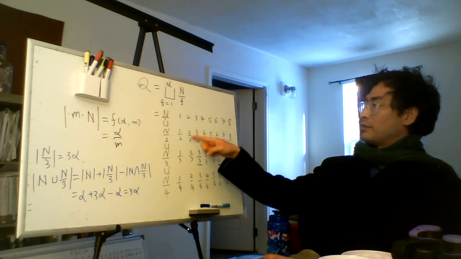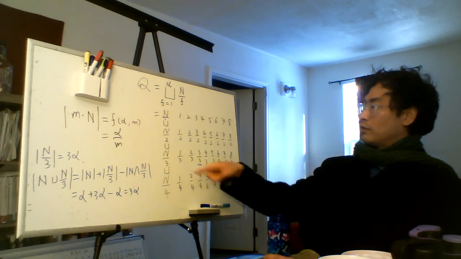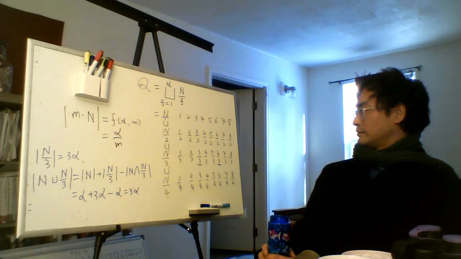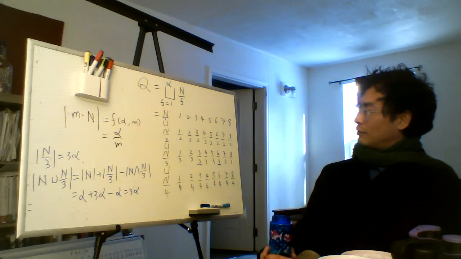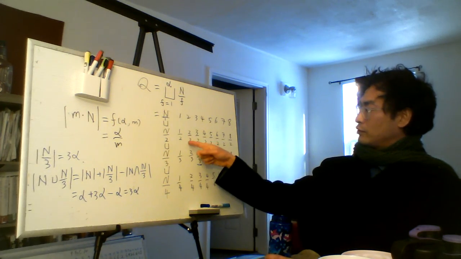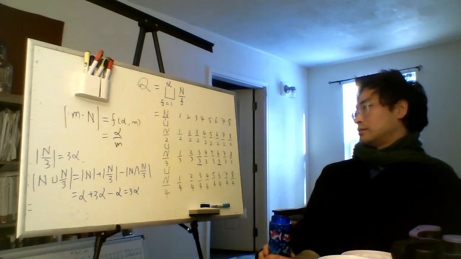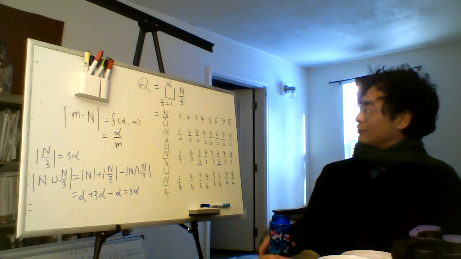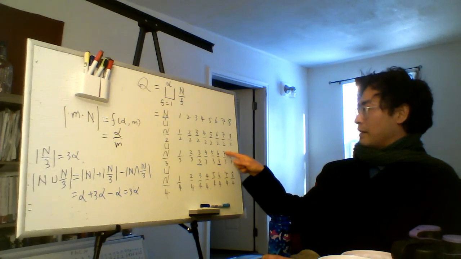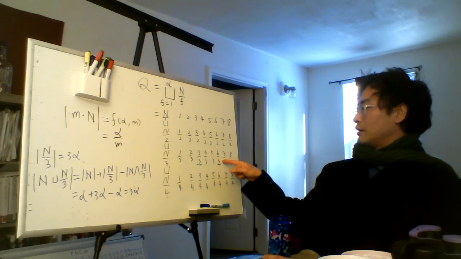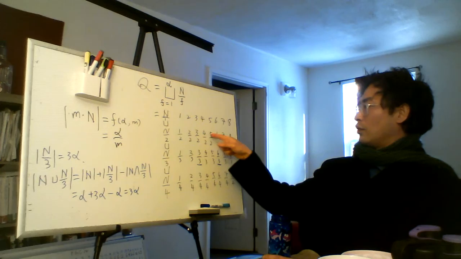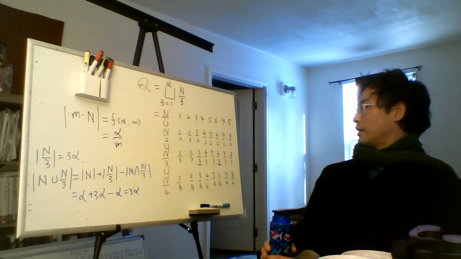Do we have an intersection between the second one and the third one? We do. No, 1 over 2, I don't think we do. Actually, we do. 6 over 3 is equal to 2, which is equal to 4 over 2. Okay.